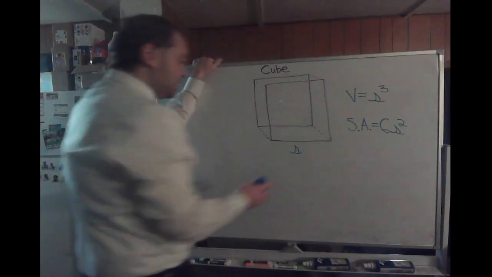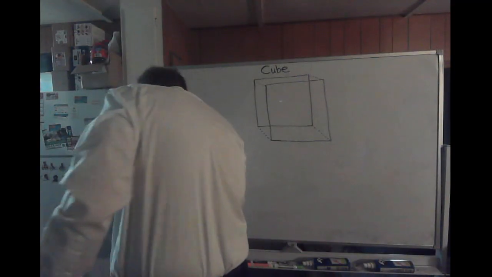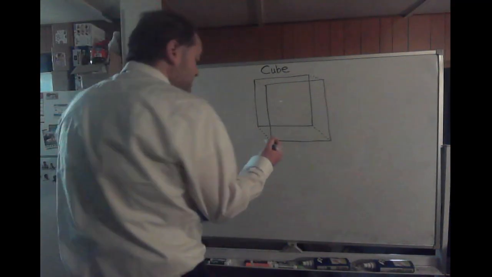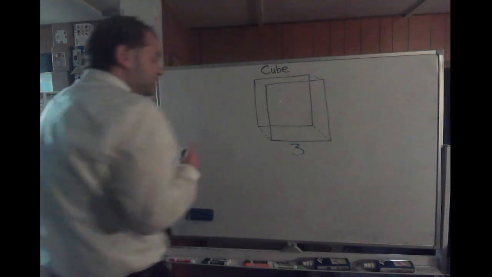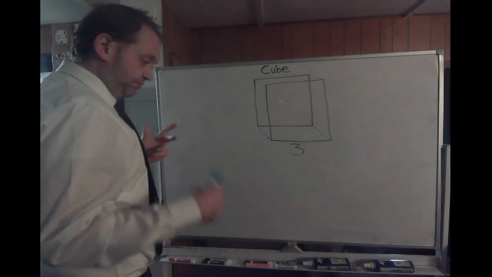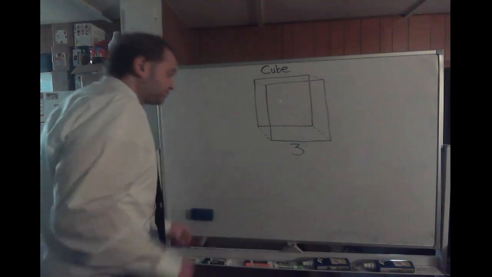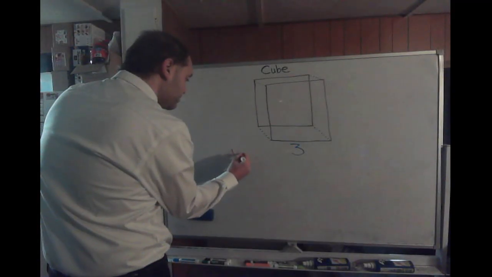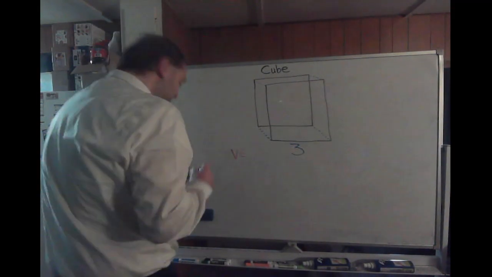So we'll do some examples here. Let's see, what do we get here for the first one? So we have a side length of 3. We need to find the volume and the surface area. So to find the volume, of course, you're just going to take one of those sides. You know what? Let's give it a unit here.